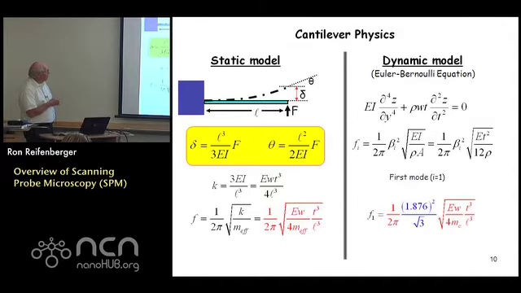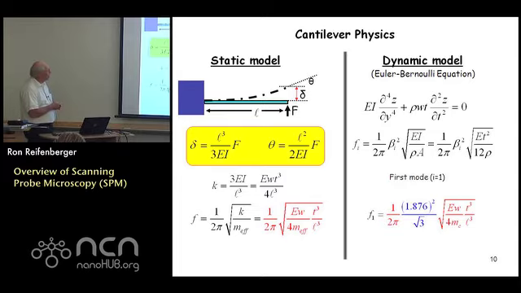And by analyzing this problem, what you can show is that both delta and theta are proportional to the force F applied. And the proportionality between the force and the deflection, or between the force and the angle, is just a bunch of numbers that depend on the geometry of the cantilever and the material from which the cantilever is made.